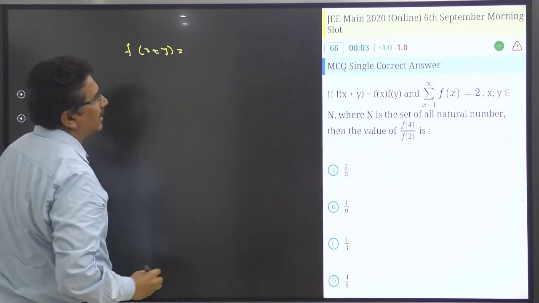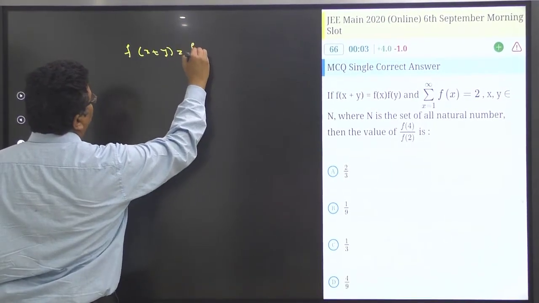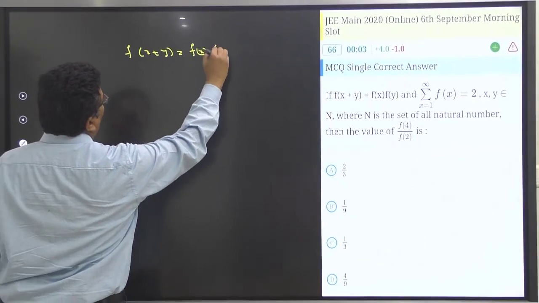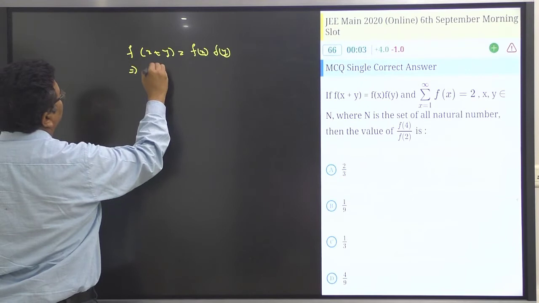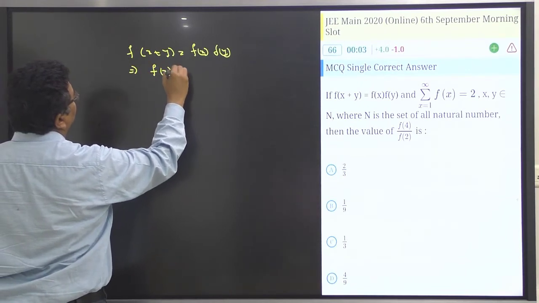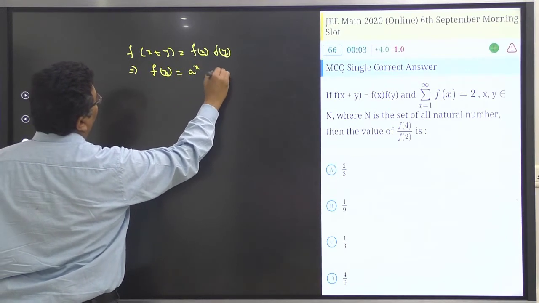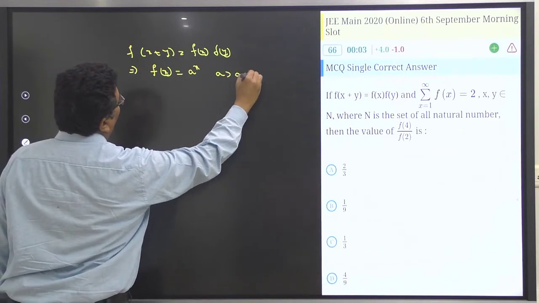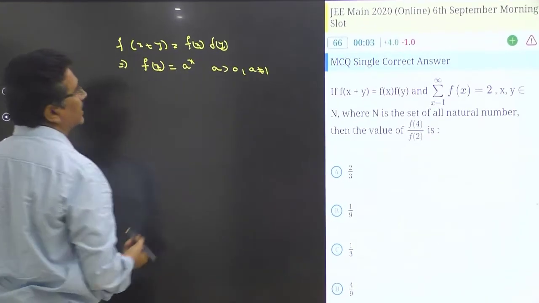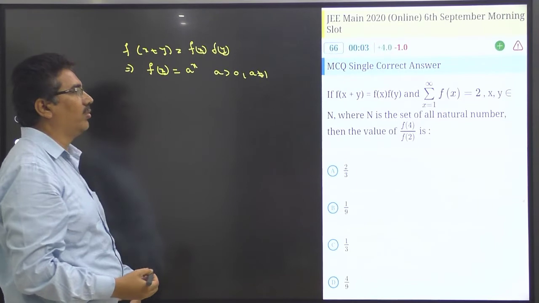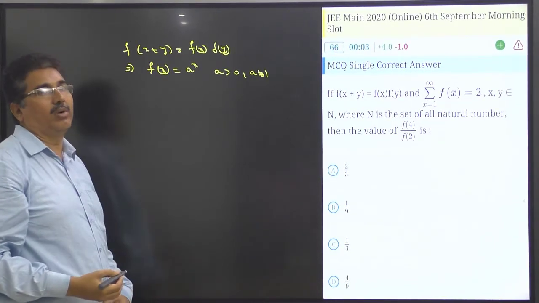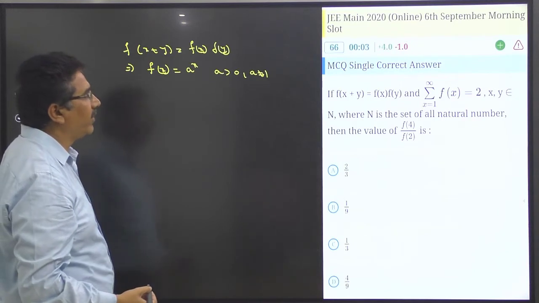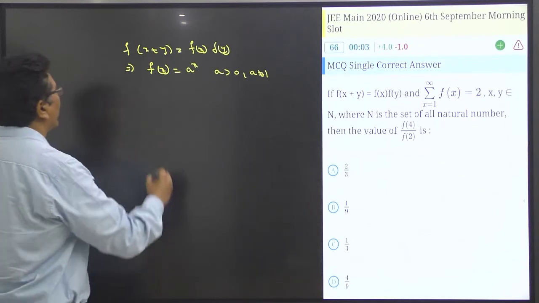Then f of x is of the form a power x, where a greater than 0 and a not equal to 1.